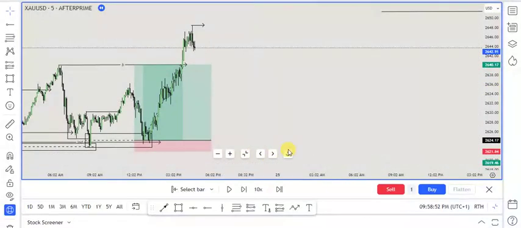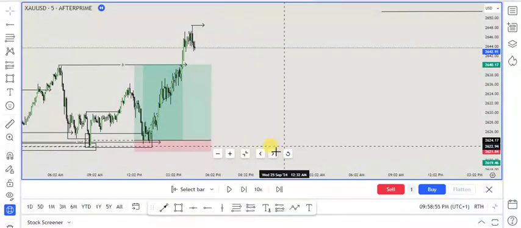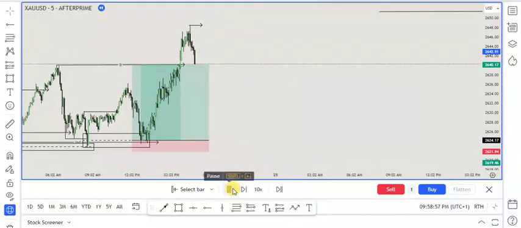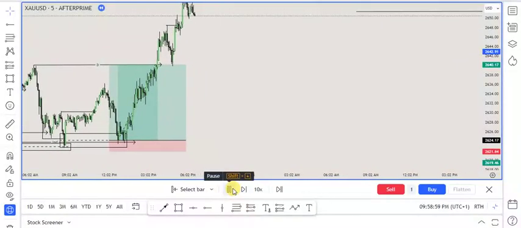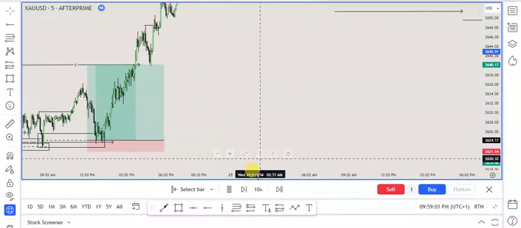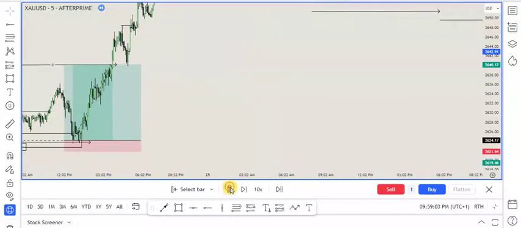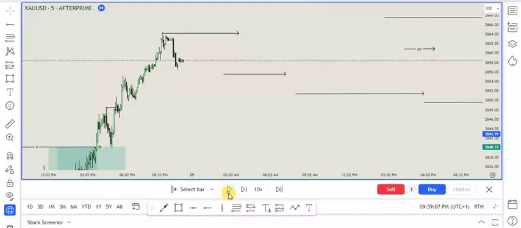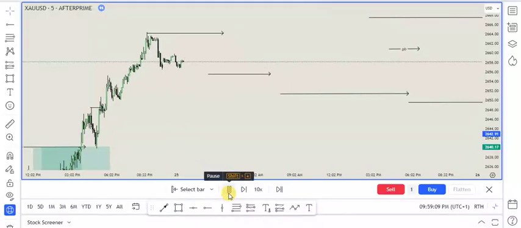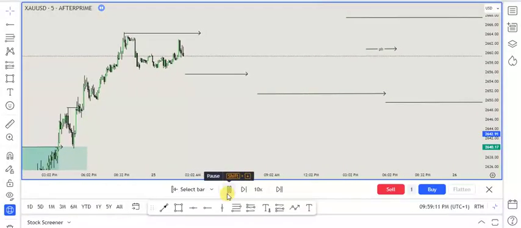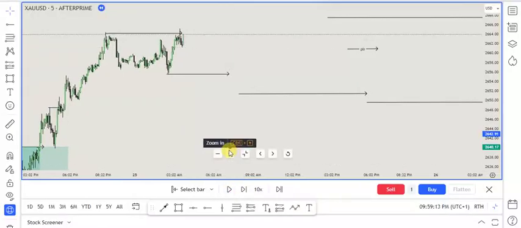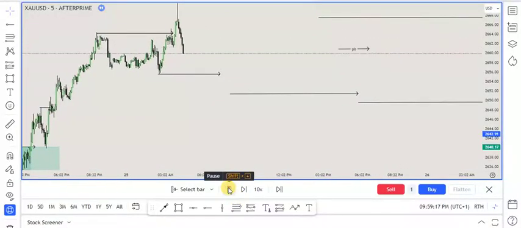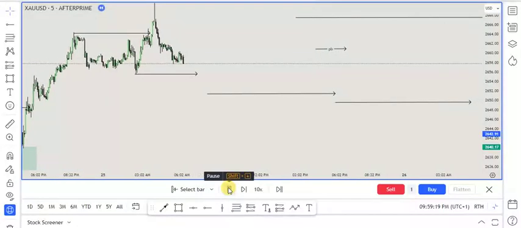Okay, so let's watch price action for gold. That's another break of structure. Oh, price just left me. Okay, let's go. I think I might have one there.